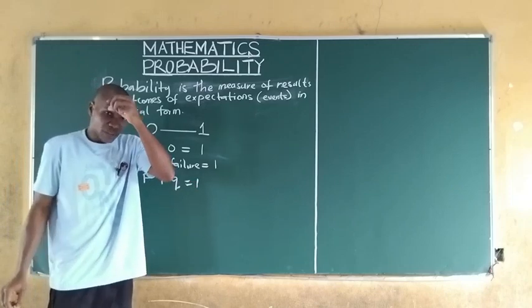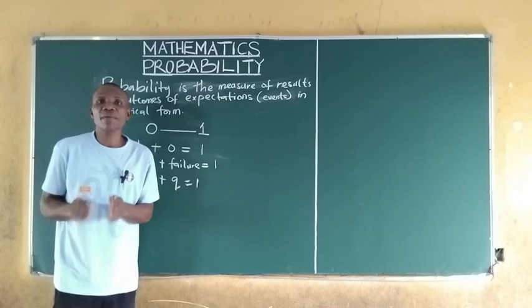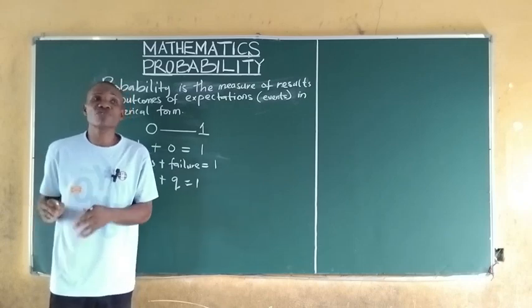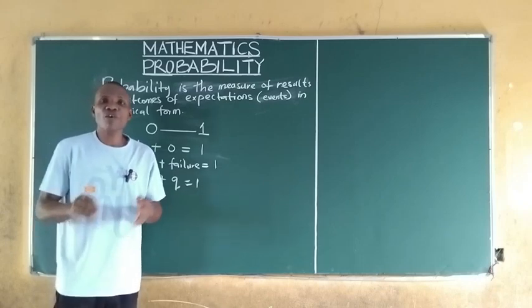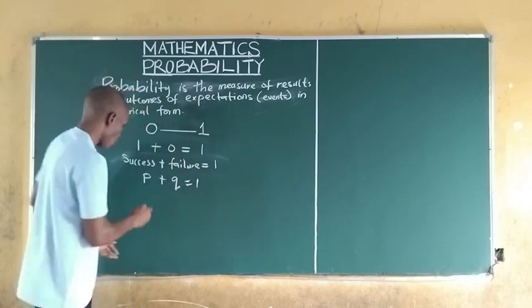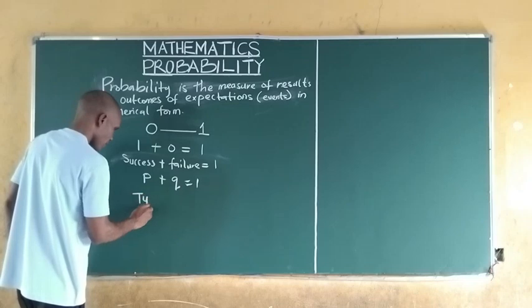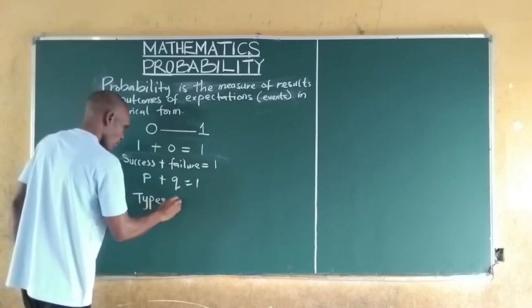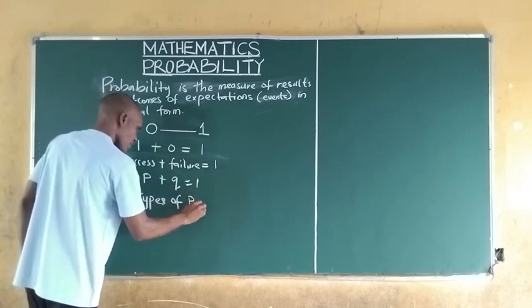So we talk about how probability can be categorized. Probability can be categorized into 4 different parts, or we can call them the types of probability.